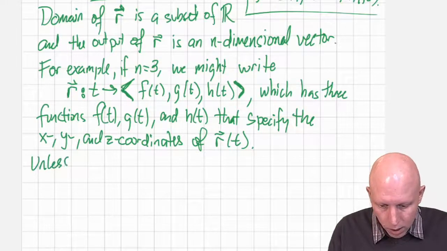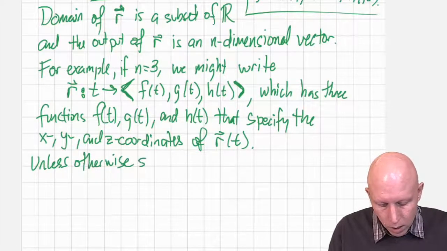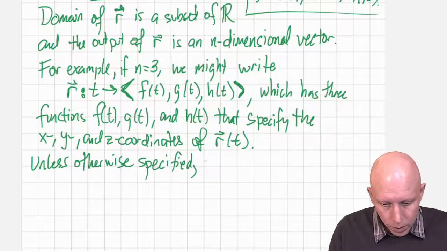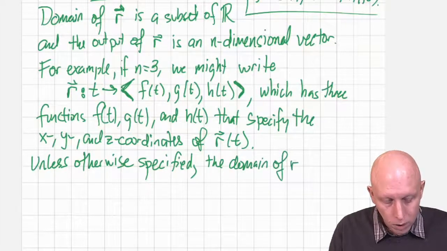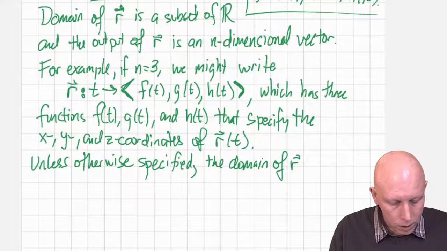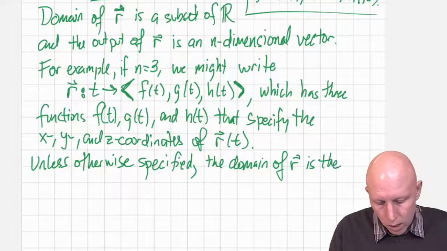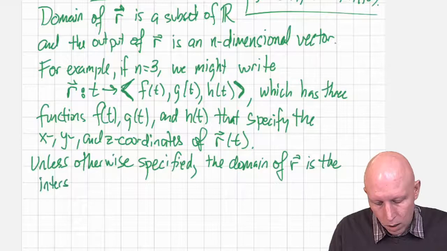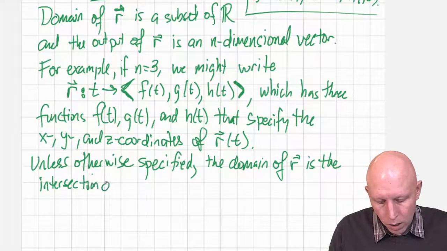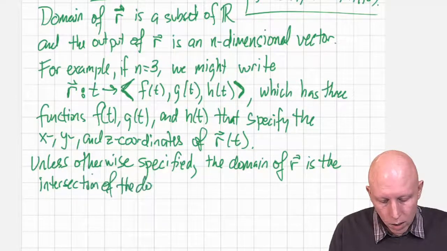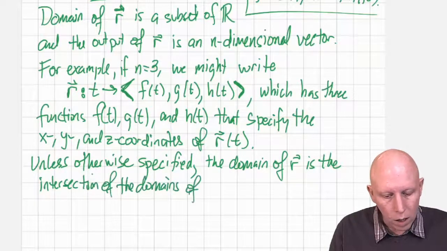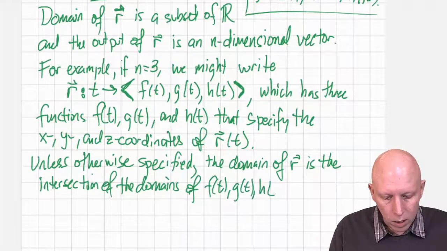Unless otherwise specified, the domain of r is the intersection of the domains of f of t, g of t, and h of t.